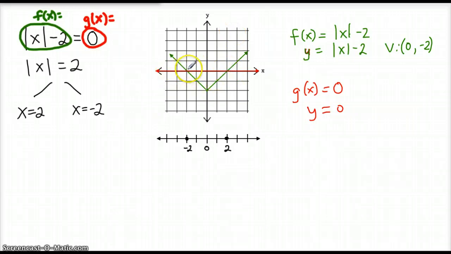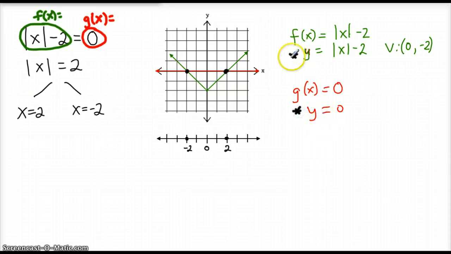And let's check it out. Where do they intersect? Where does this function equal this function? That means what points do they have in common? They cross just like a system of equations now.